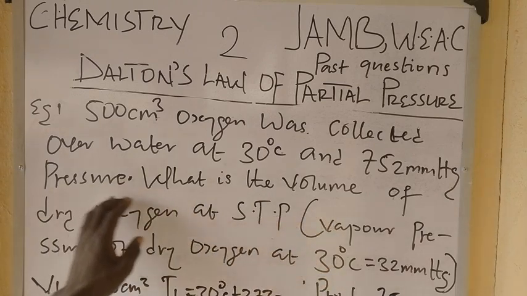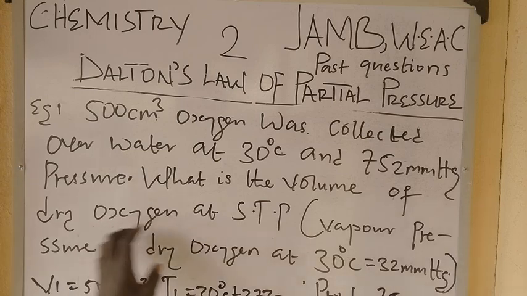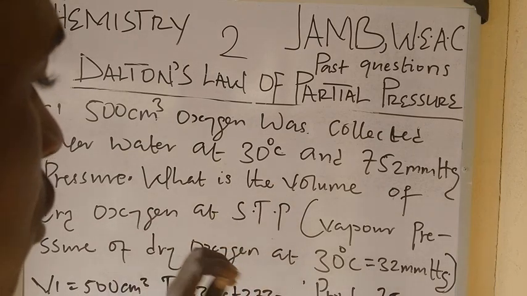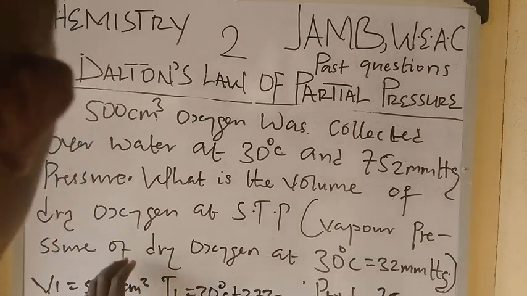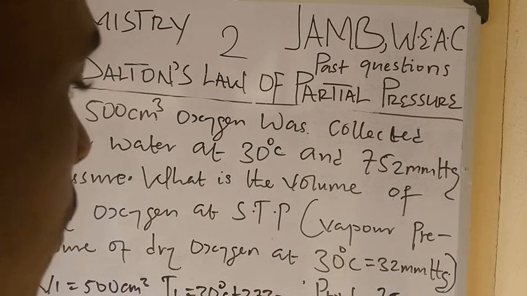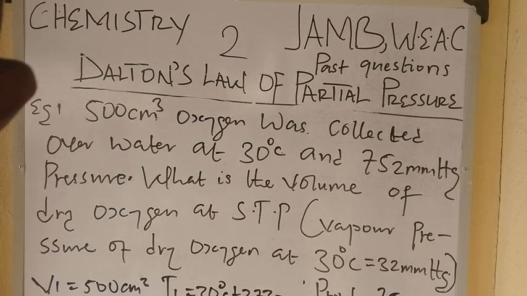Now they say, what is the volume of dry oxygen at STP? The vapor pressure of water at 30 degrees Celsius is equal to 32 millimeter mercury. This is the vapor pressure of water.